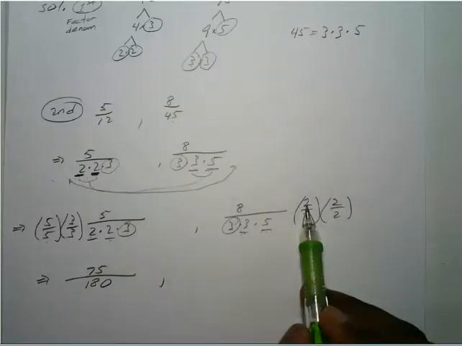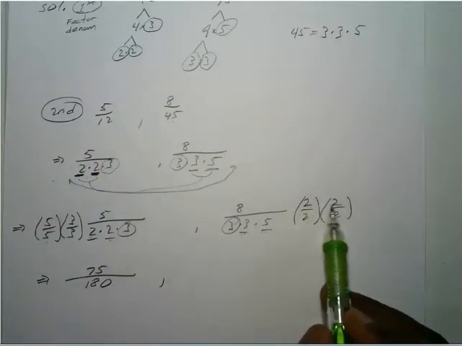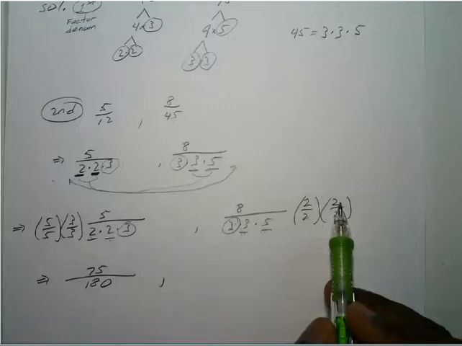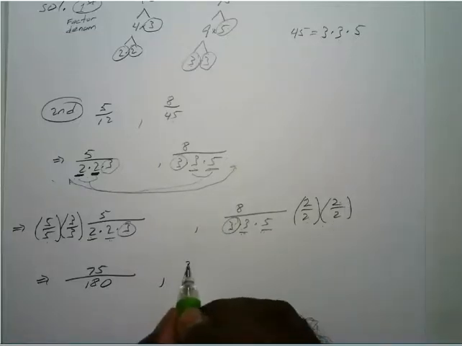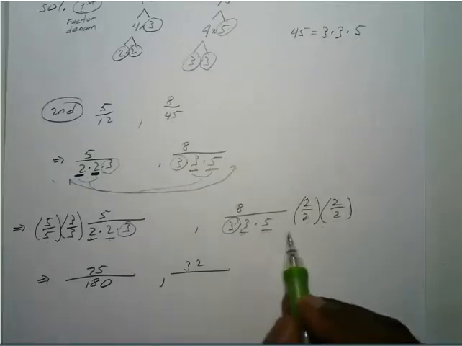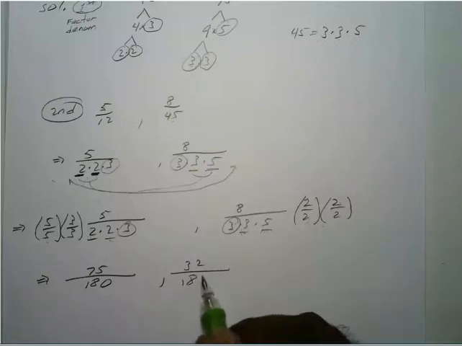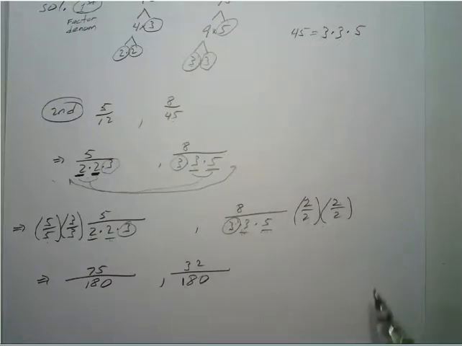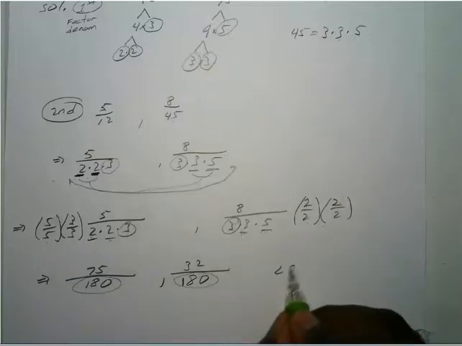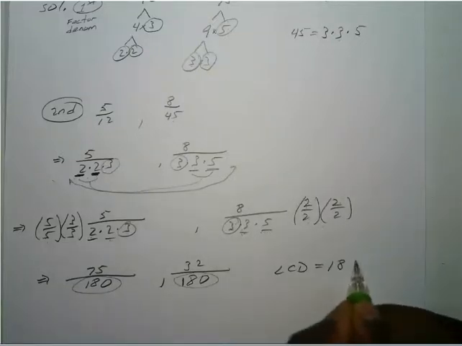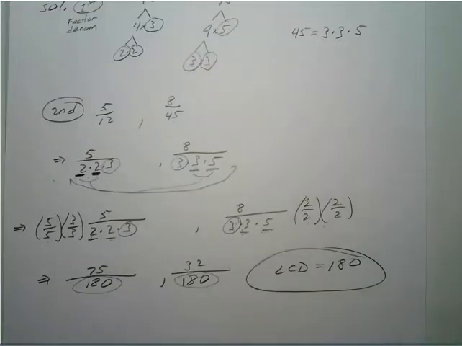And you have 8 times 2, which is 16. 16 times 2 is 32. Over, this is 180 also. So that lets us know that our least common denominator is 180.